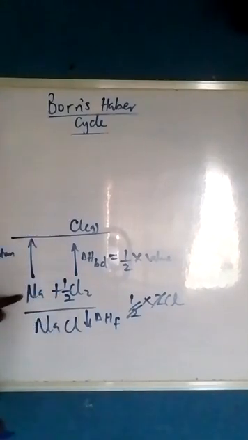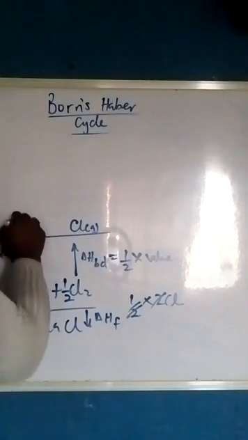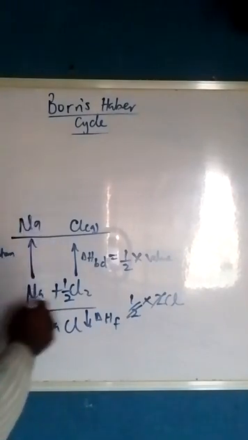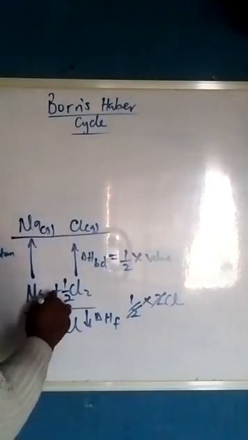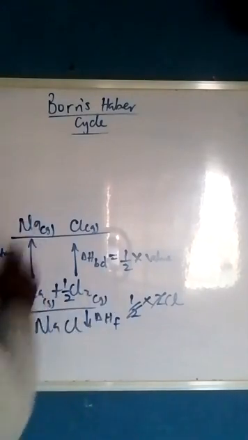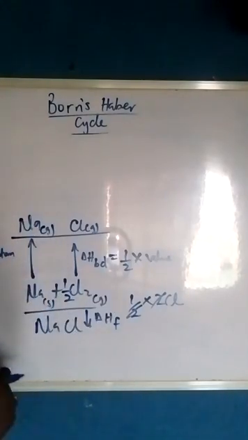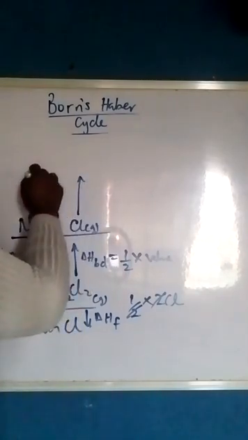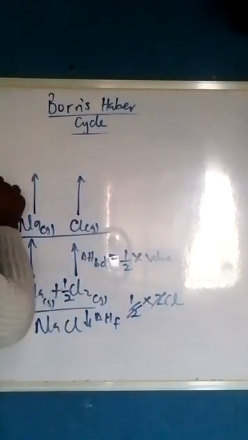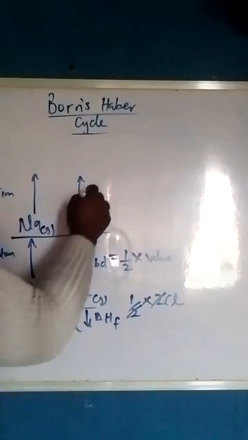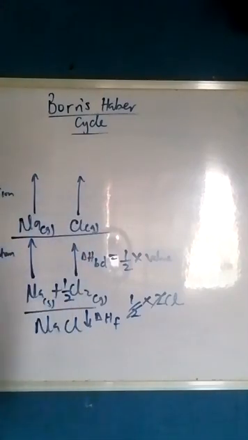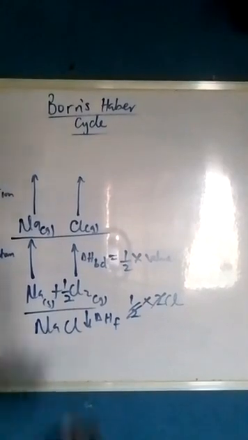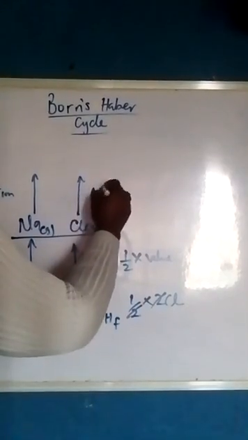Then the sodium as well, we have Na in gaseous state. This is in solid state, while this is in gaseous state. So the sublimation has taken place, also called atomization. Now from this stage we need to move to the ionization state. So we have delta H ionization. You'll be given the value, or you can check it in your data booklet. The next one here is electron affinity.